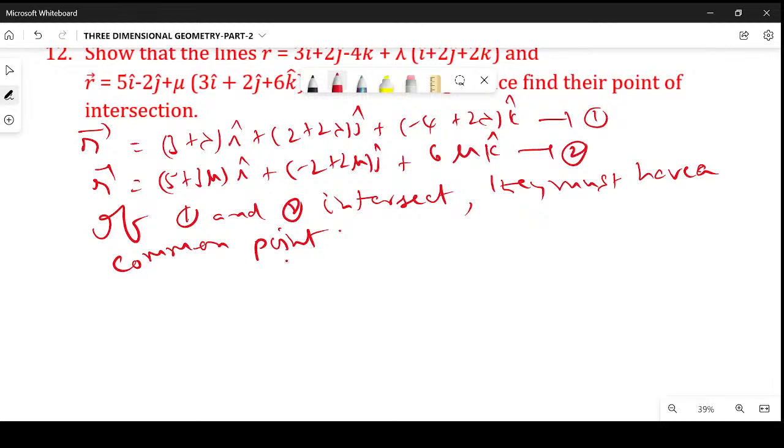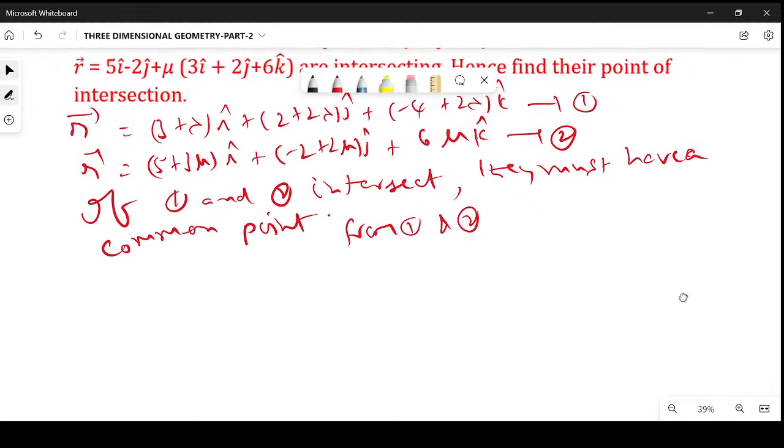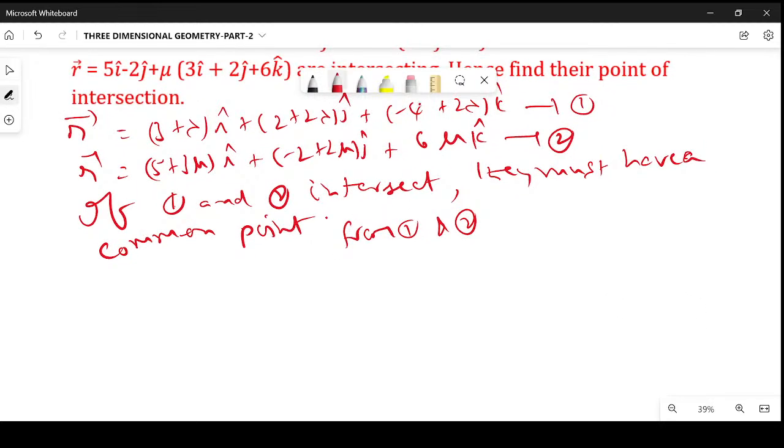Then, comparing both equations 1 and 2, comparing r bar, I get 3 plus lambda equal to 5 plus 3 mu.